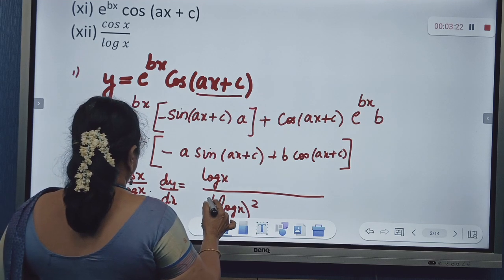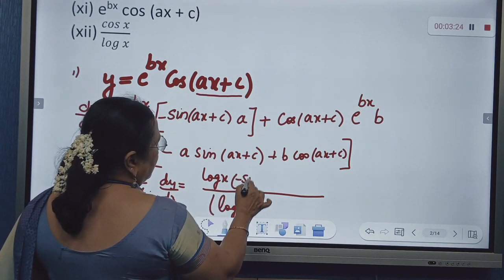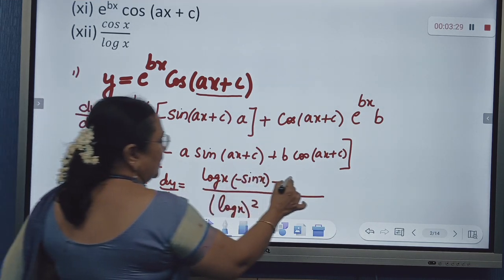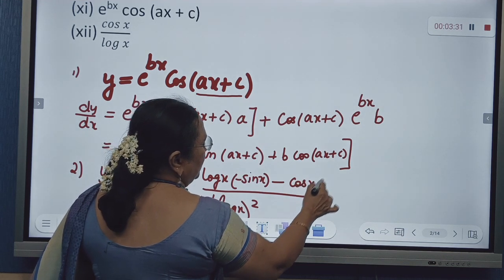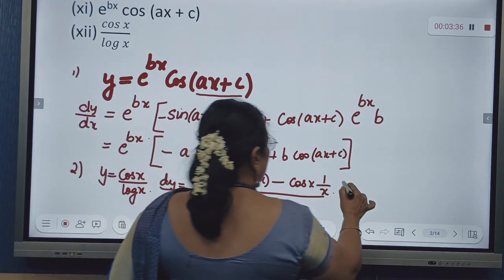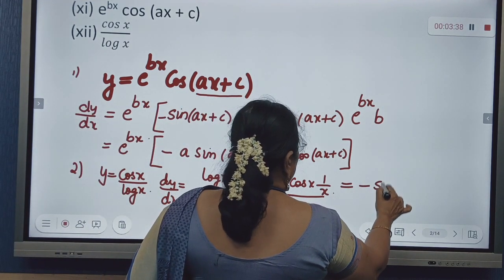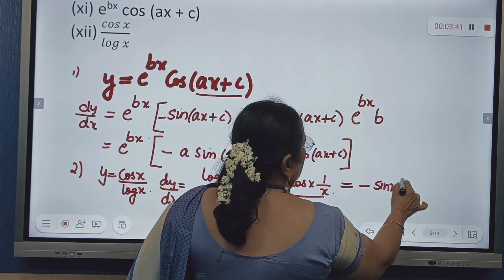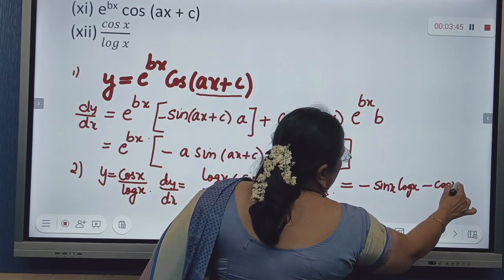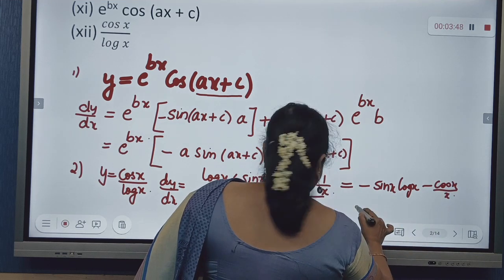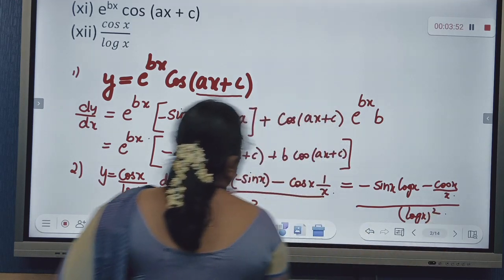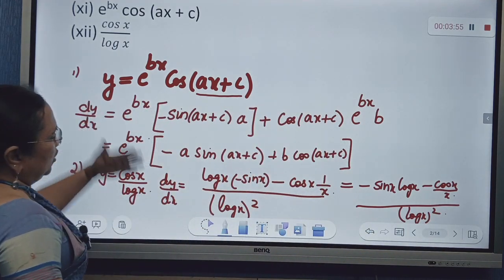What is the derivative of the numerator? Minus sin x, minus numerator into derivative of log x, which is 1 by x. So this is minus sin x log x minus cos x by x, divided by log x the whole square. So here I use product rule and quotient rule.